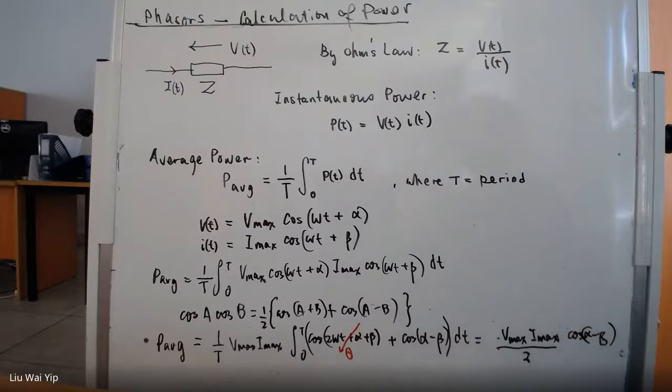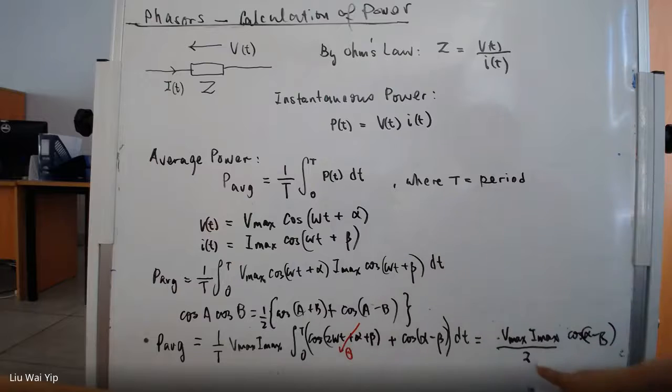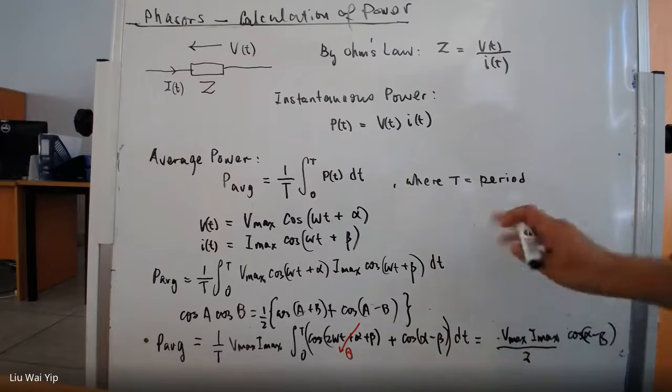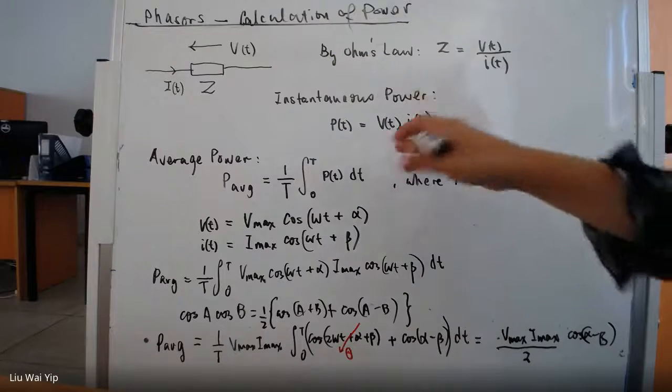So in electrical engineering, the engineers try to simplify the procedure instead of going through all this analysis. They just assumed that we have two values here. I don't have enough space here, so I'm going to erase the space here.